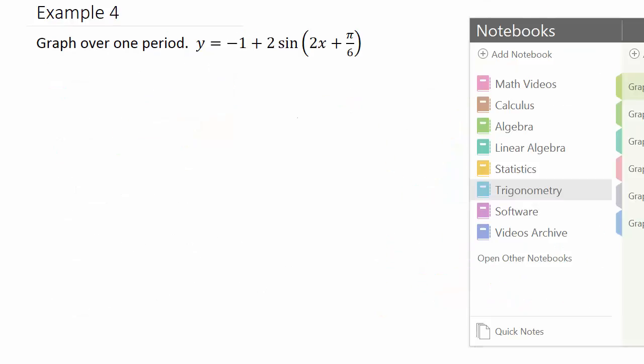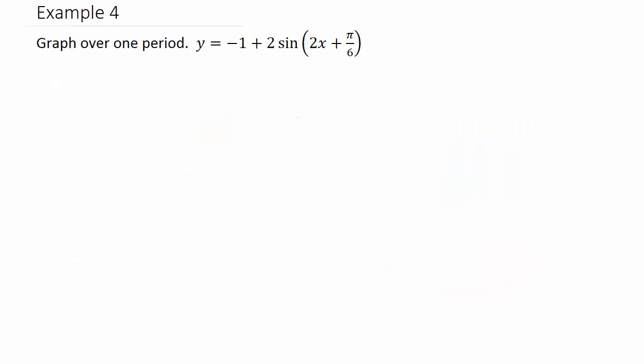Alright, so let's do one more. Alright, so let's see, first let me talk about this one a little bit. Here we have this minus 1 out here. Well, for right now, we're not even going to worry about the negative 1. All we're going to do is focus on this part.